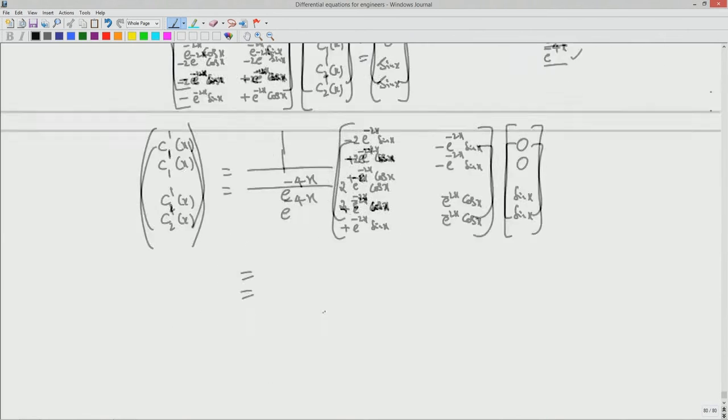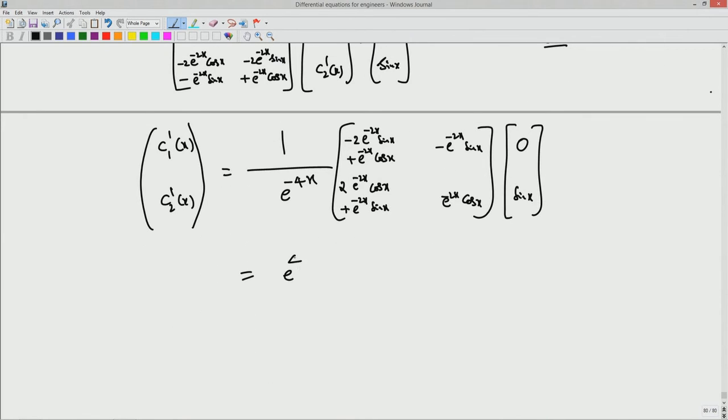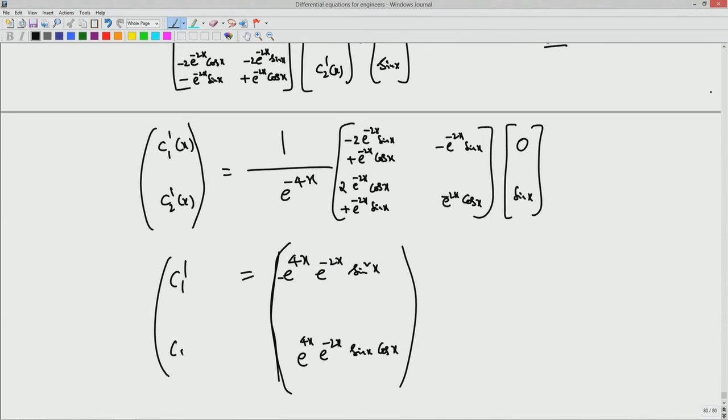So, what you have is left with e power 4x, and now if you multiply, what is this vector now? This is simply minus e power minus 2x sin square x, okay. And here simply e power minus 4x into e power minus 2x sin x cos x. So, that is what is your C1 dash C2 dash.